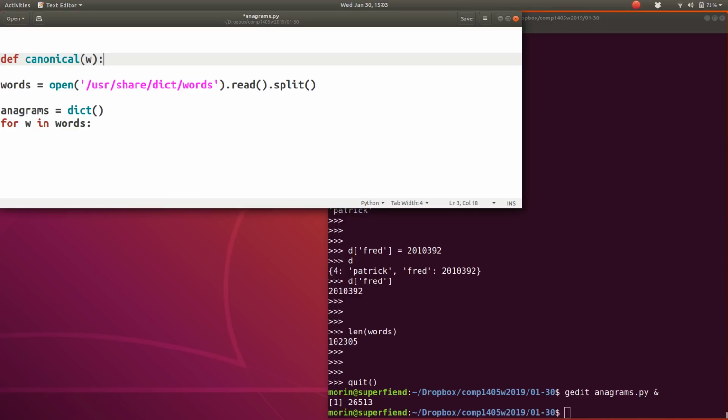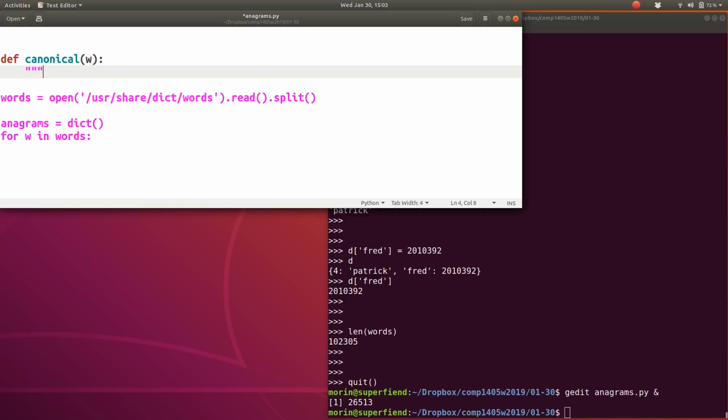So it takes a word, convert the string w into its canonical form.